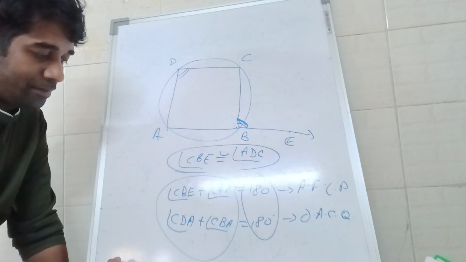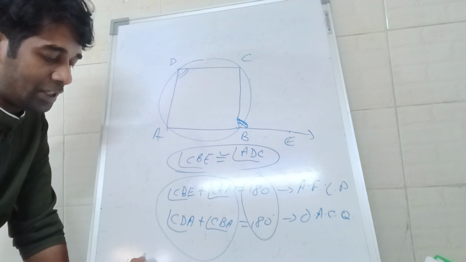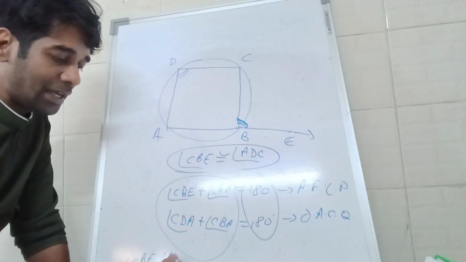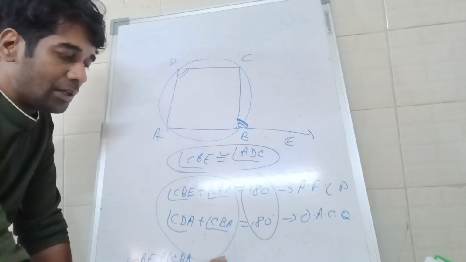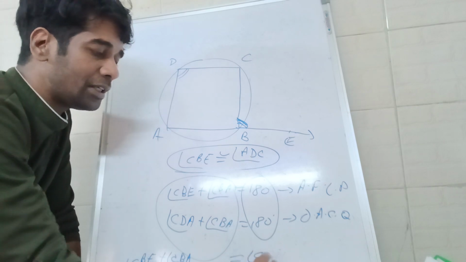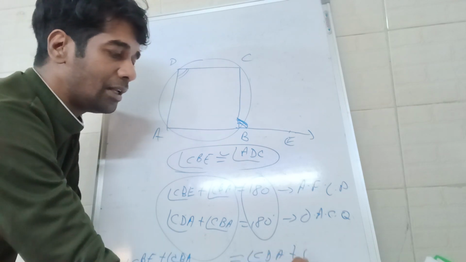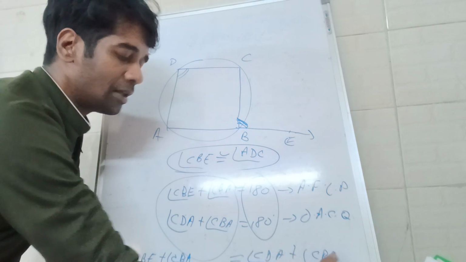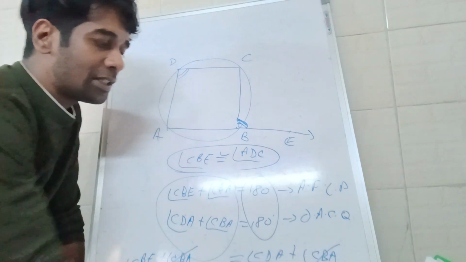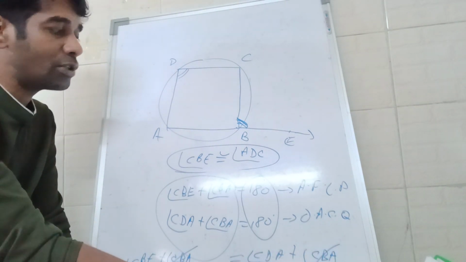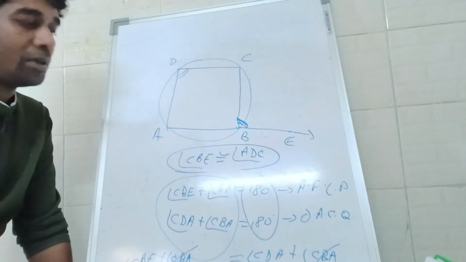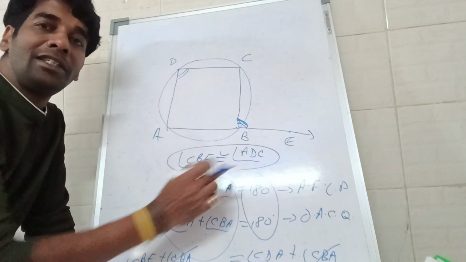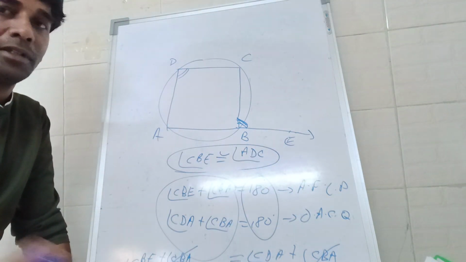So angle CBE plus angle CBA is equal to angle CDA plus angle CBA. Cut CBA on either side. Left is CBE equals CDA, which had to be proved. Hence proved.